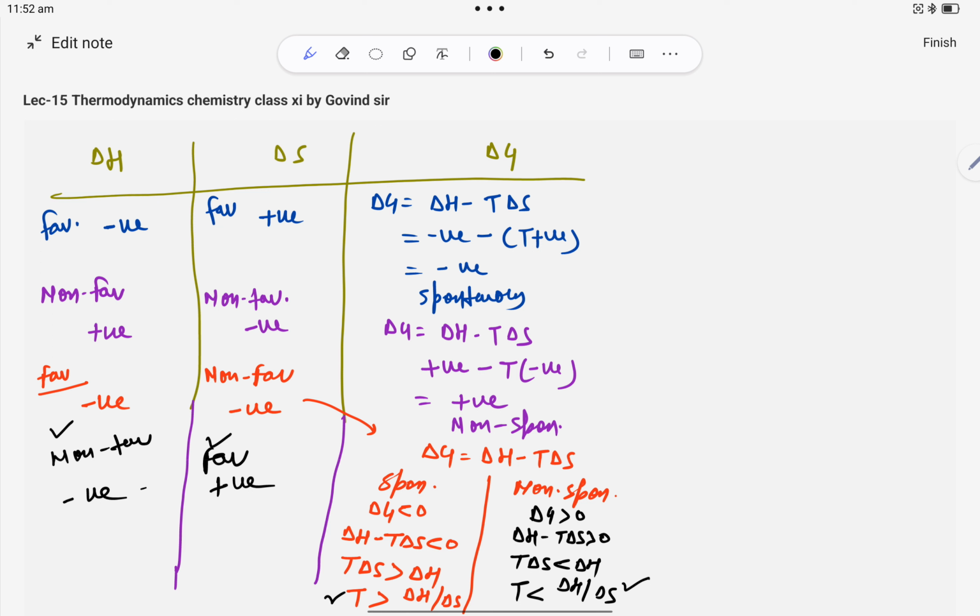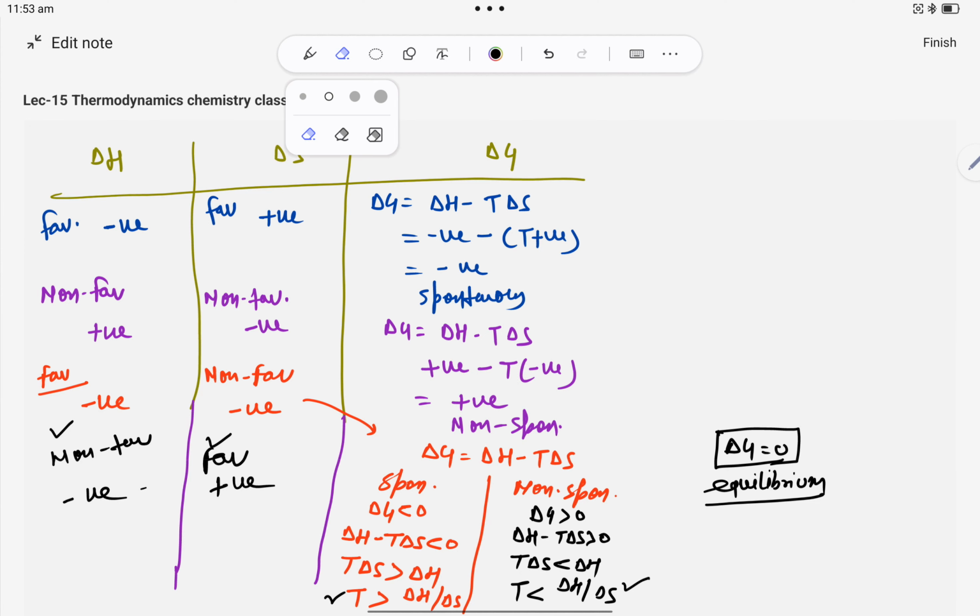For equilibrium, children, delta G will be 0. So it basically depends upon the delta G value.